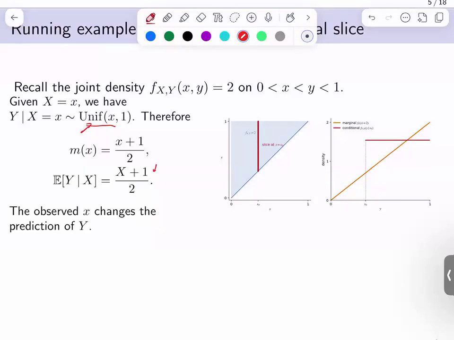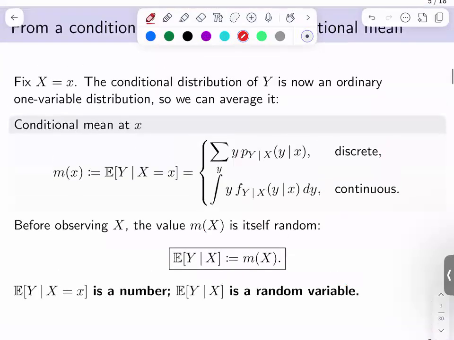In particular, if you know that x is equal to 1, you know for sure that y has to be 1. There's no other place to go here. So if I plug in 1 here, the conditional expectation would be 1. In that case, the conditional variance would be 0 if you compute it. You can compute the conditional variance, which would be just the variance of this conditional density.